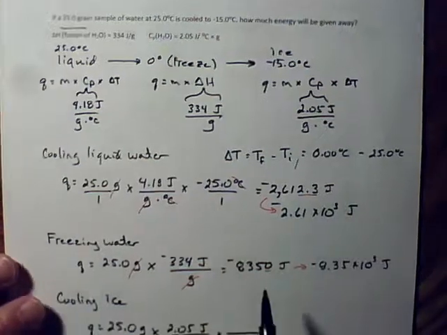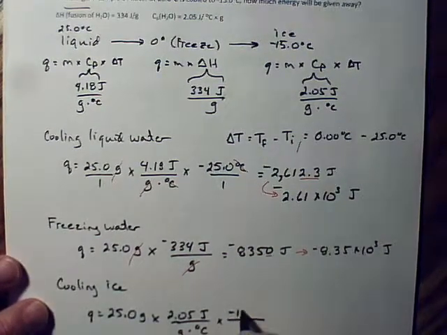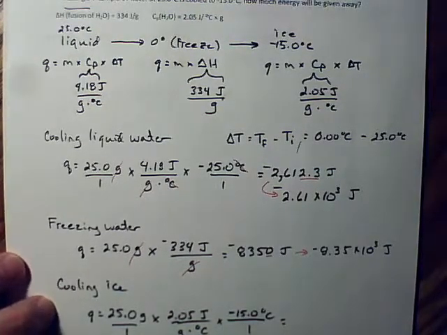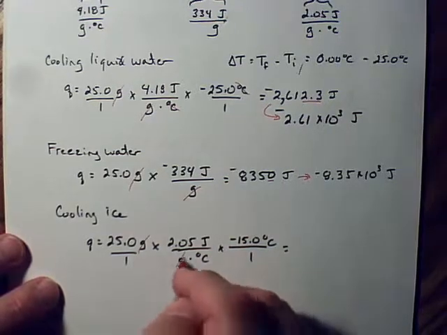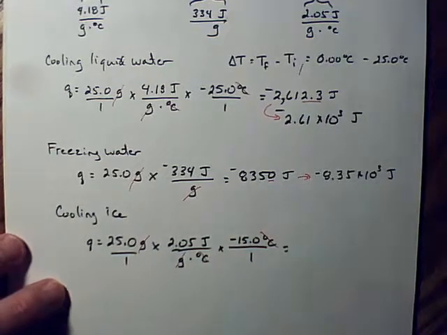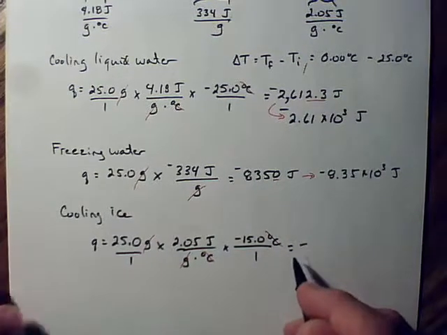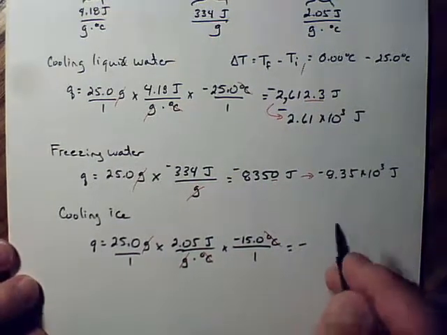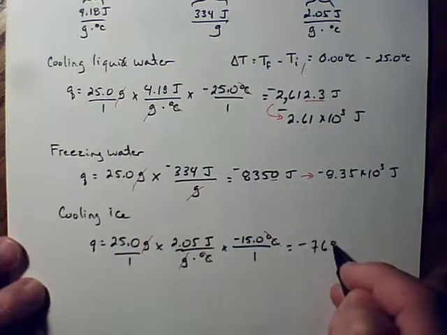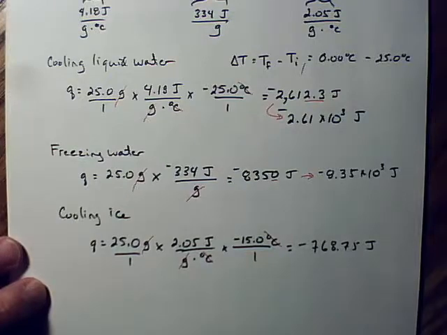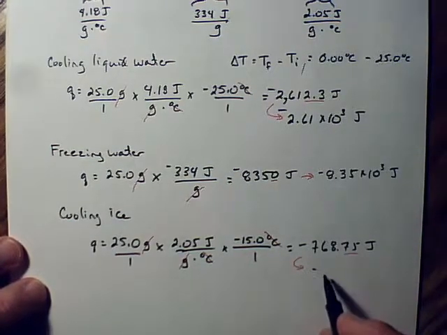So that's just minus 15 degrees is the temperature change. So grams are going to cancel, degrees C are going to cancel, and what answer do we get here? Need to round it off to 3 digits.